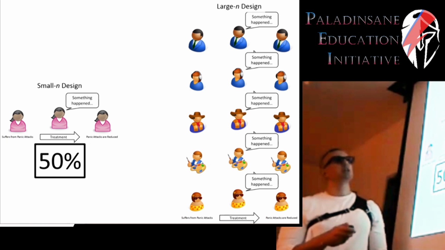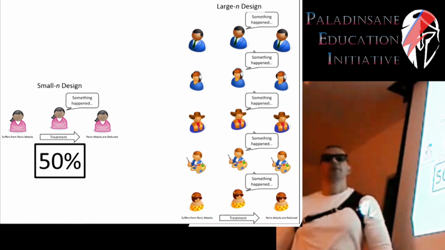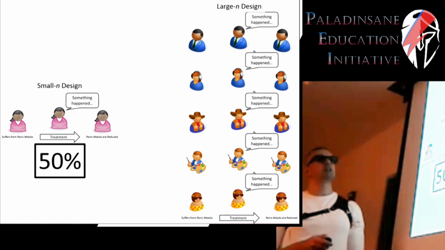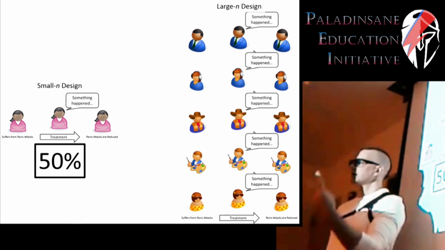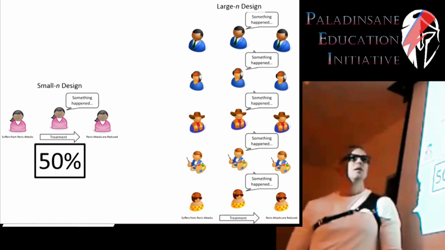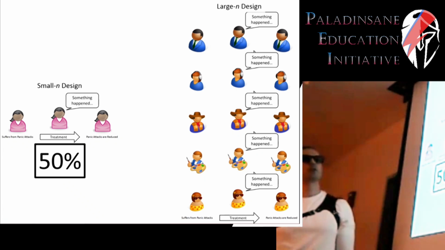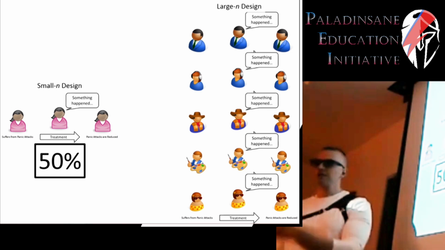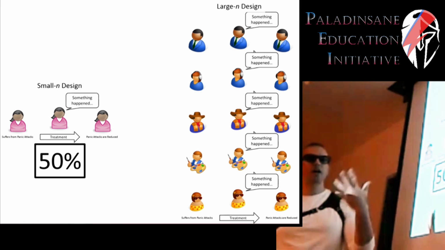So that's a 50% chance that it happened for the first person. That's like flipping heads once. It's a 50% chance that it happened for the second person. That's like flipping heads 2 times in a row. 50% chance that it happened for the third person. That's like getting 3 heads in a row. For the fourth person, 4 heads in a row. For the fifth person, 5 heads in a row.